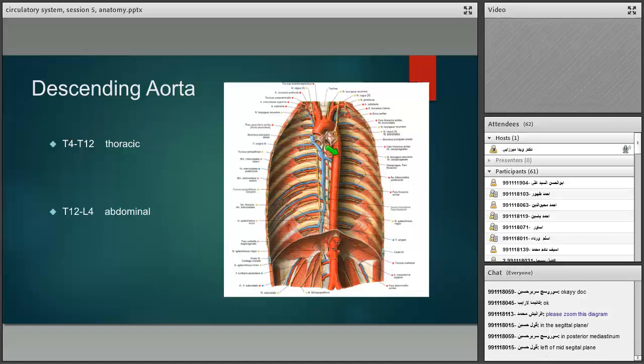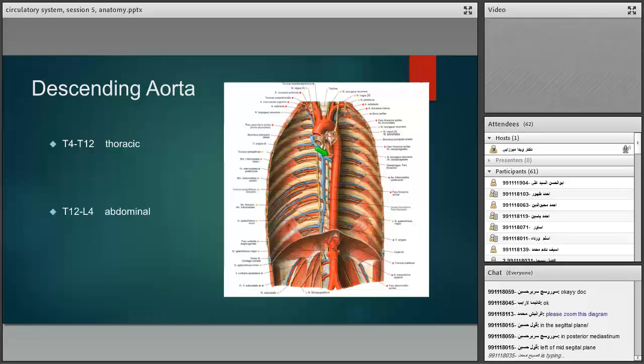Okay? Yes, left of mid-sagittal plane. And posterior to the left bronchus and also left pulmonary artery. Okay? It is behind the left bronchus and left pulmonary artery.